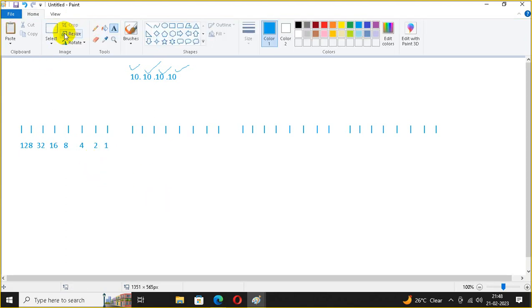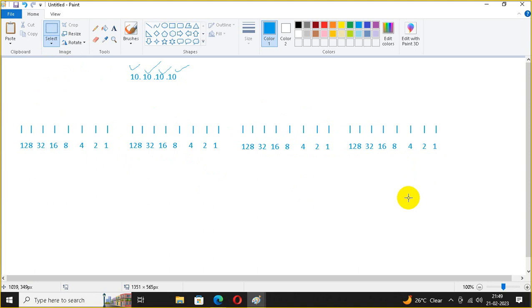This is the index of each bit. Remember. Got my point?